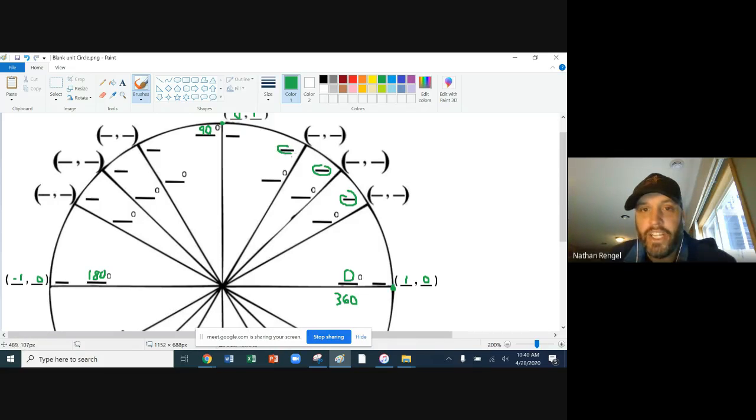We are not to radians quite yet, so you can disregard those when you're filling out your unit circle. I just want you to practice your degrees and then your coordinates, your X's and your Y's. The radians we will get to in a little bit.